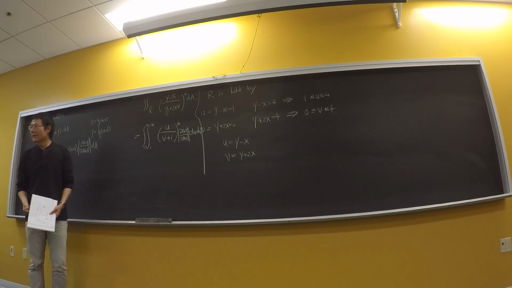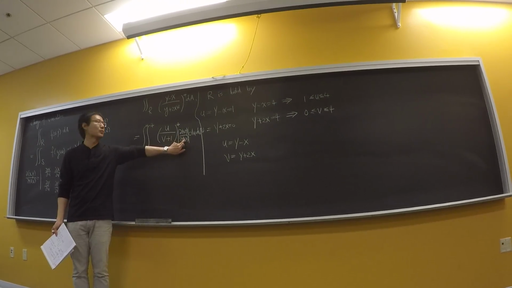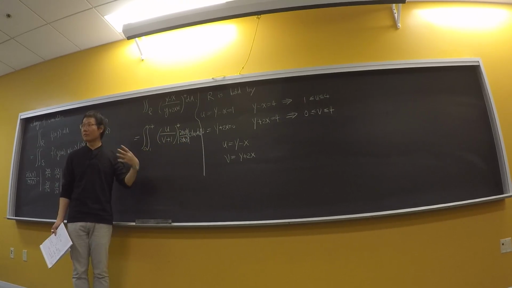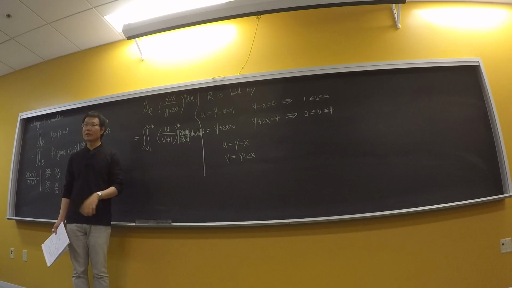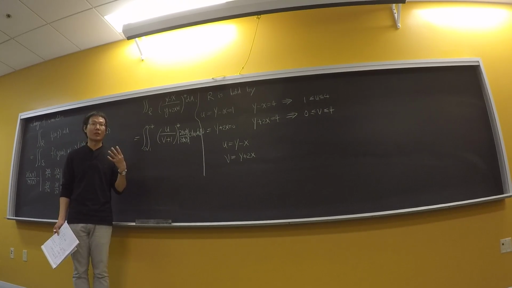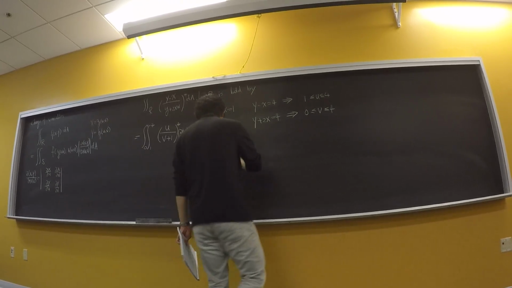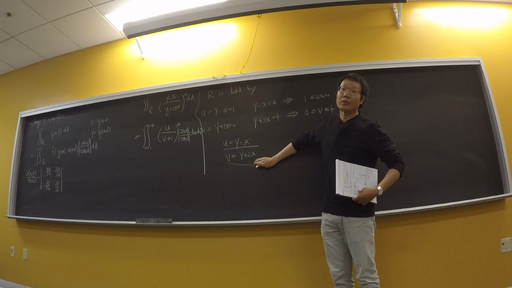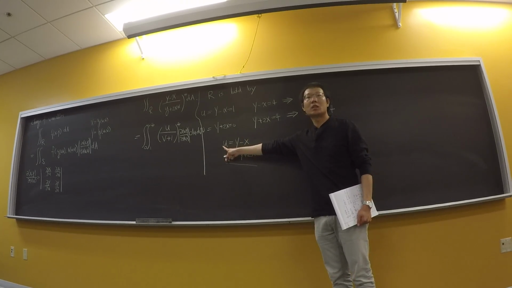All right? So I have to compute this 2 by 2 matrix, partial x over partial u, partial x over partial v, and so on. Basically, you have to take the derivative of x with respect to u and v, the derivative of y with respect to u and v. All right? So in order to do that, I look at these 2 equations. But if you use these 2 equations, it's pretty awkward to compute the partial derivative of y with respect to u.